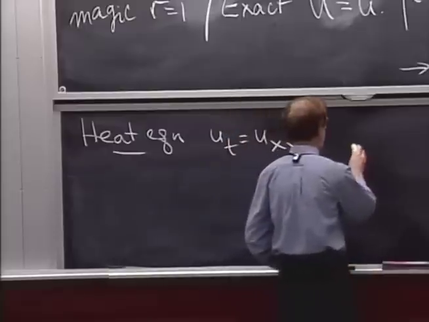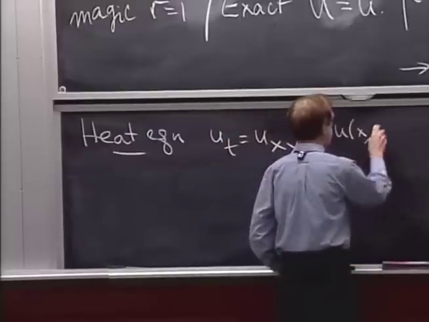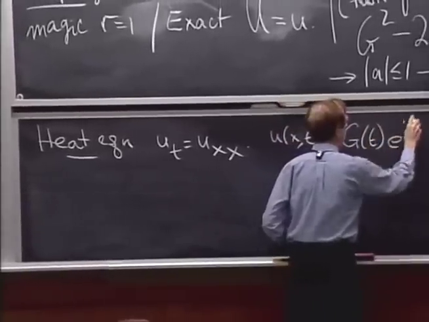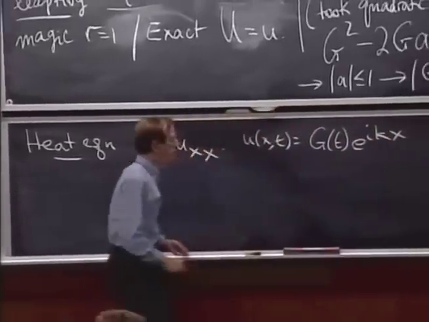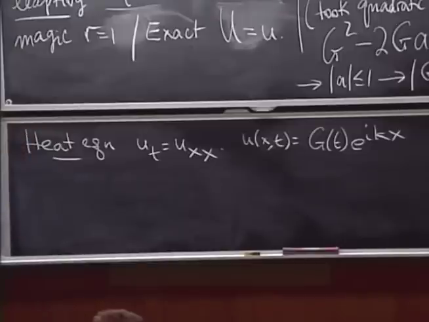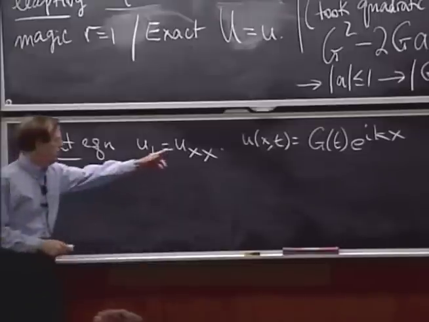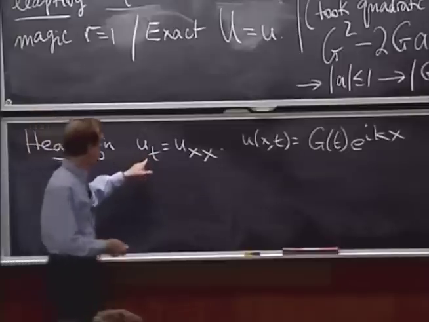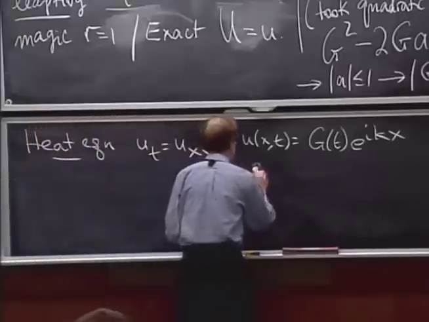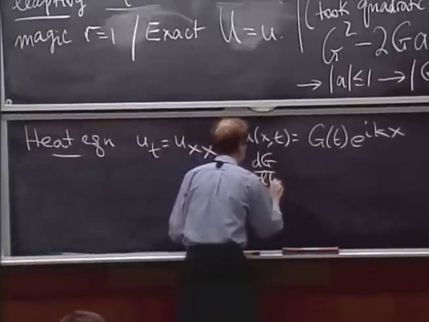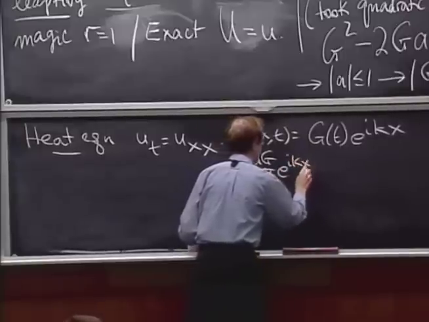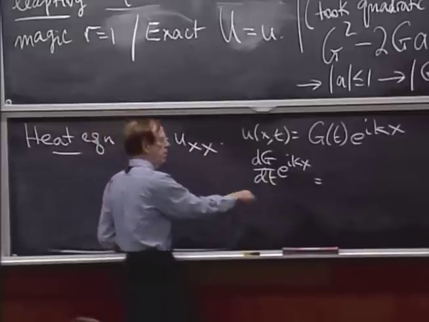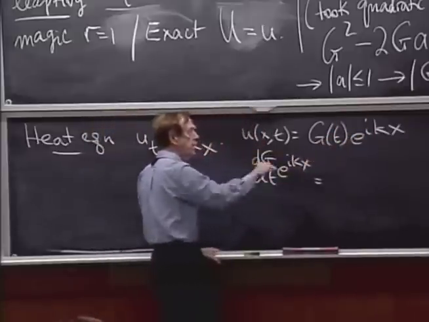So if I plug in u of x and t as some g of t times e to the ikx, separating variables as always, looking for a pure exponential solution, we get dg/dt times e to the ikx on the left. And now I have to take two x derivatives. So that brings ik down twice.